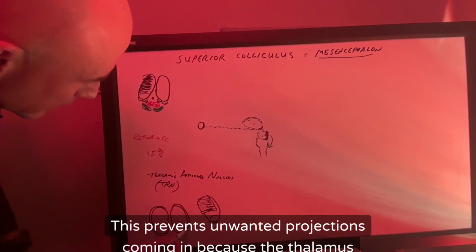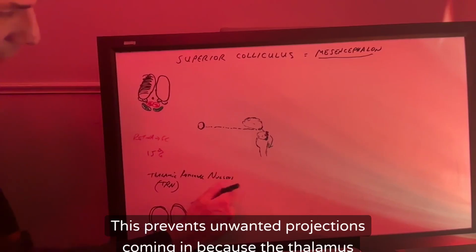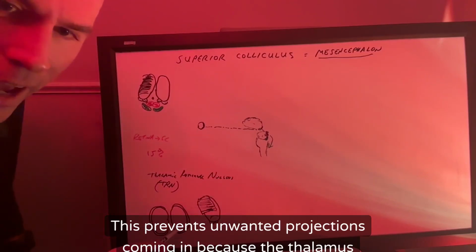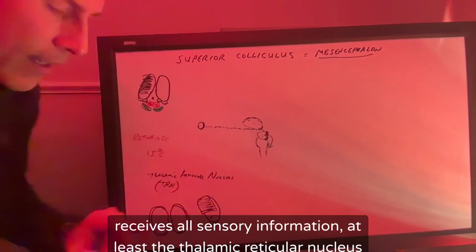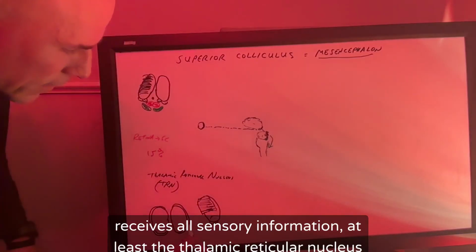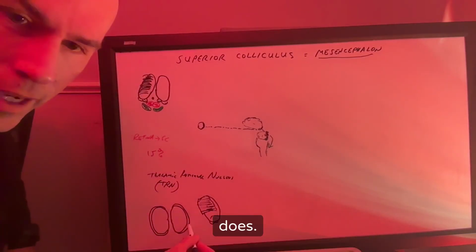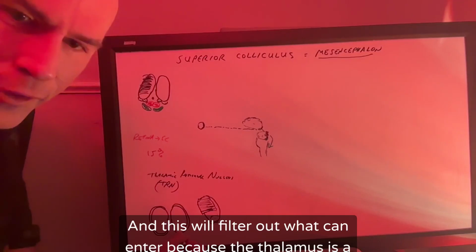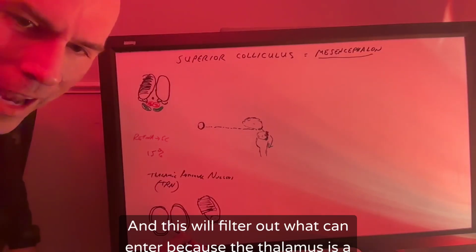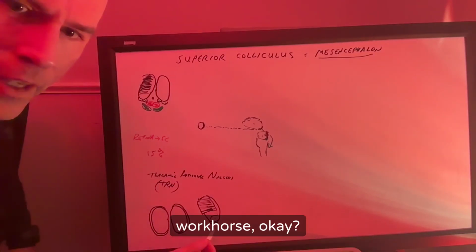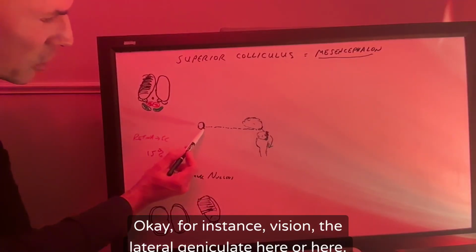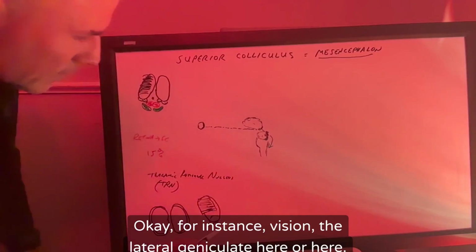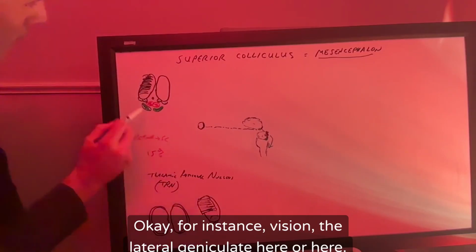This prevents unwanted projections coming in because the thalamus receives all sensory information, at least the thalamic reticular nucleus does. And this will filter out what can enter because the thalamus is a workhorse, okay? So all sensations, for instance, vision, the lateral geniculate here or here.